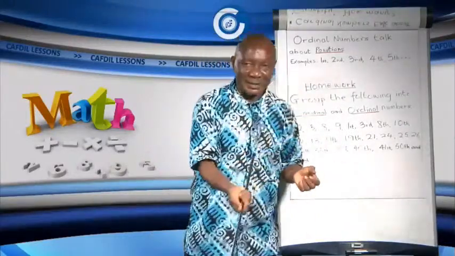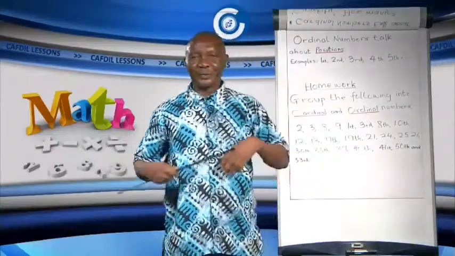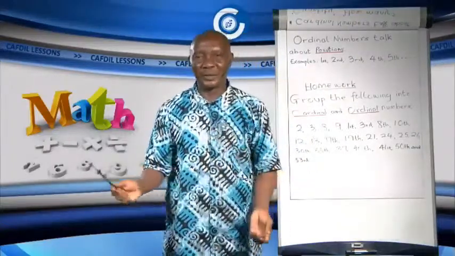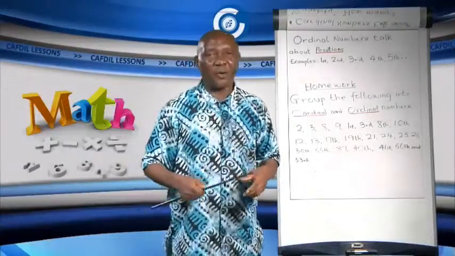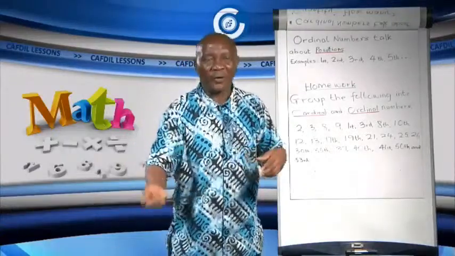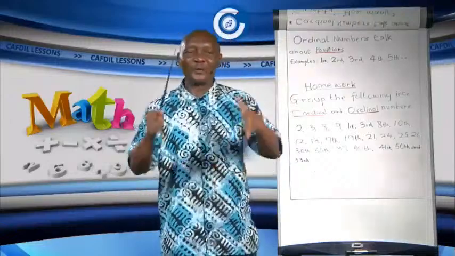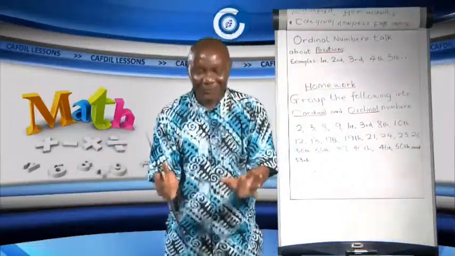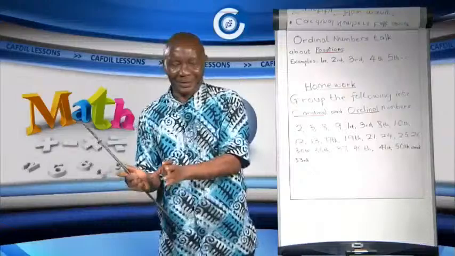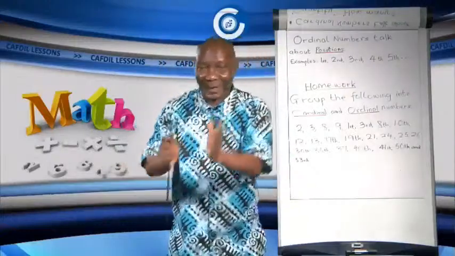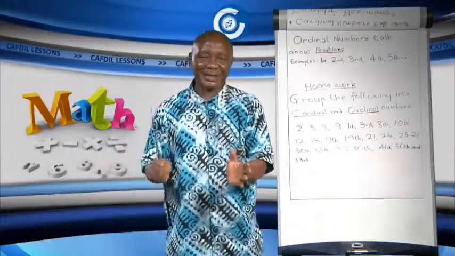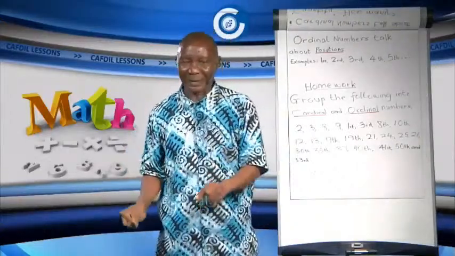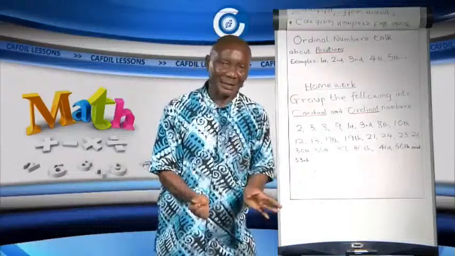Then ordinal numbers, you just tell us your position. You can't say, I am number 4, or I took 4 position. No, you say, I took the 4th position. I took the 10th position. Those are the questions that ordinal numbers answer.